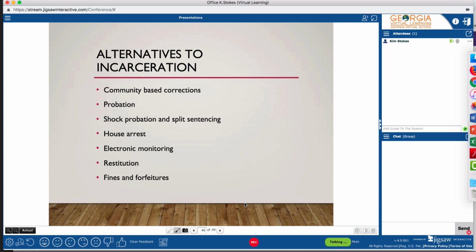Alternatives to incarceration include community-based corrections, probation, shock probation and split sentencing, house arrest, electronic monitoring, restitution, fines, and forfeitures.